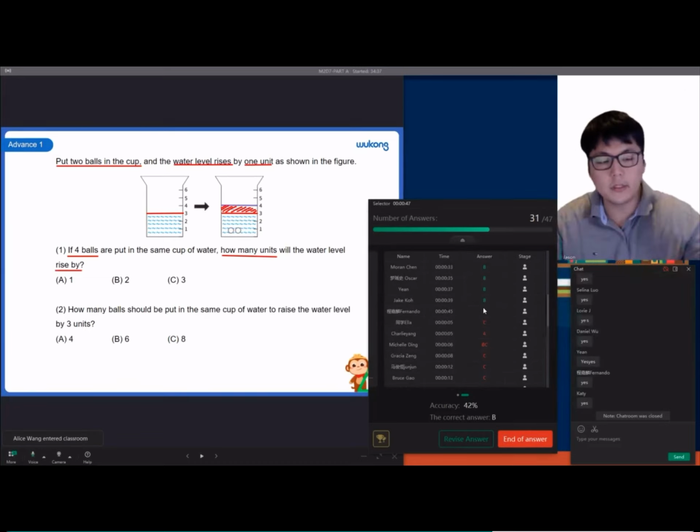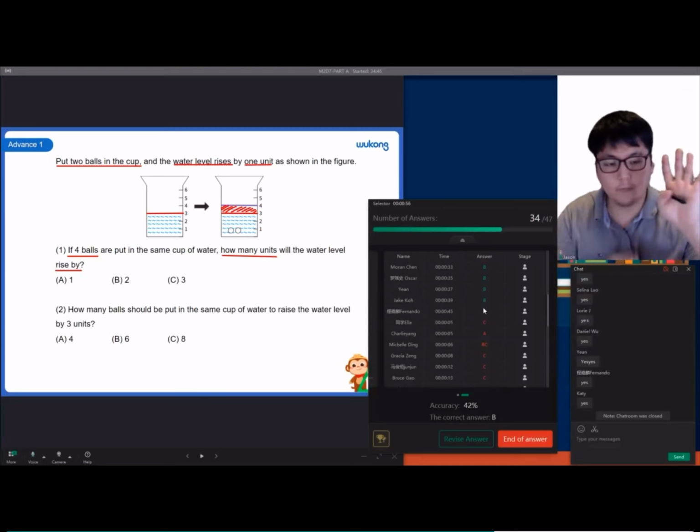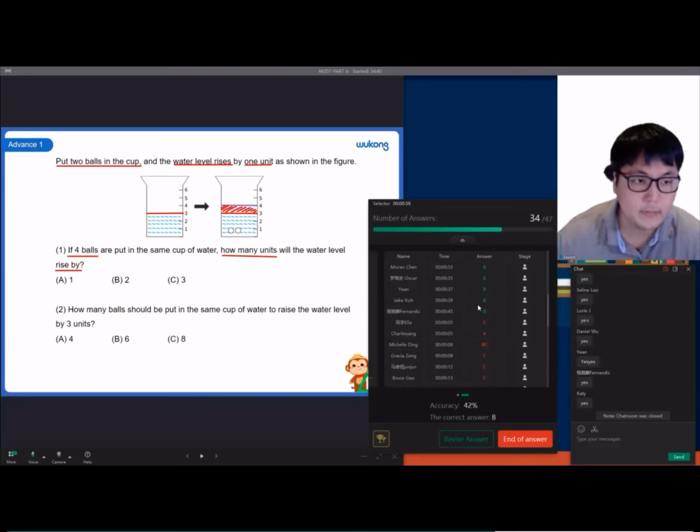Don't worry about whether it's the same cup or anything. I'm just interested in how much the water level will go up by, guys, if you put 4 stones.